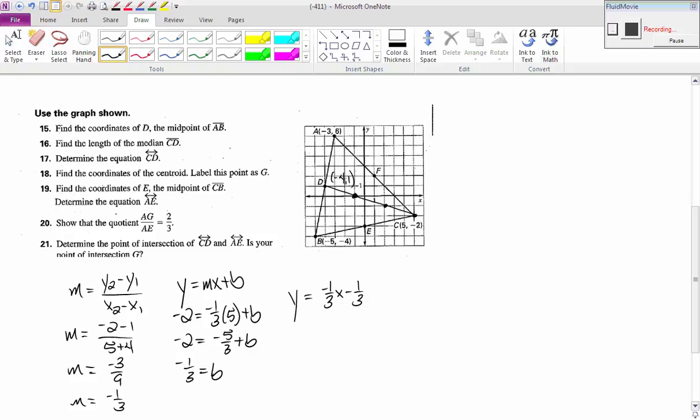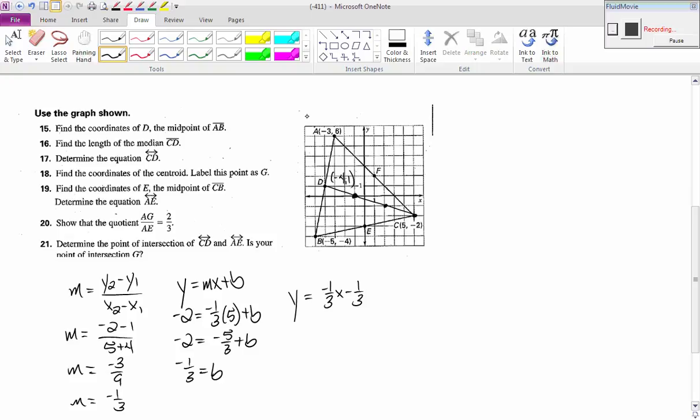But what it does is it divides the median into thirds. One piece from the midpoint D to the centroid is 1/3 of the entire length, and the piece from the centroid to the vertex is 2/3 of the entire length.